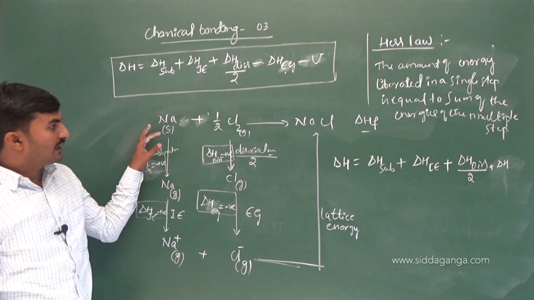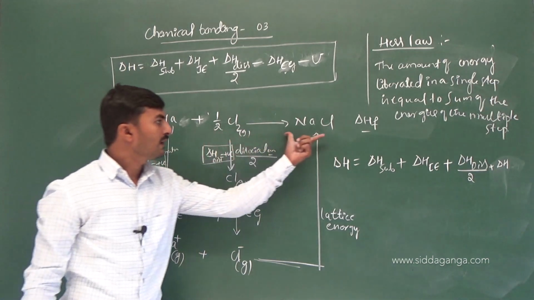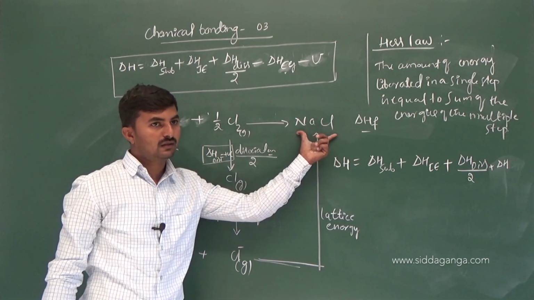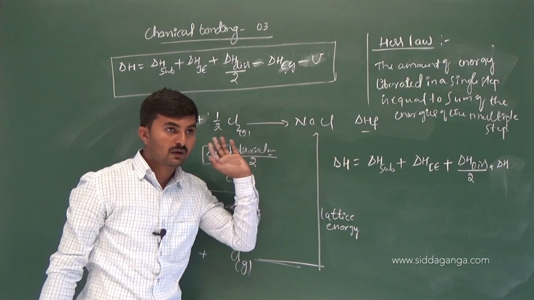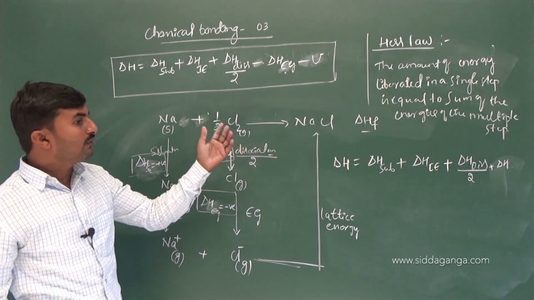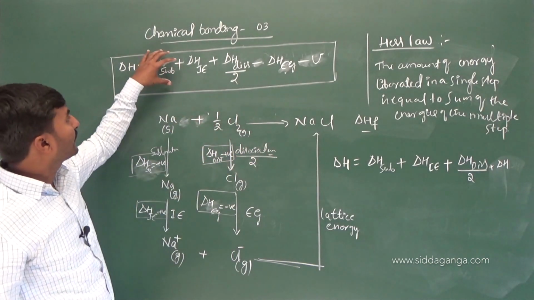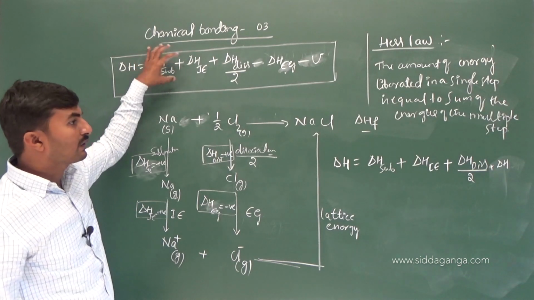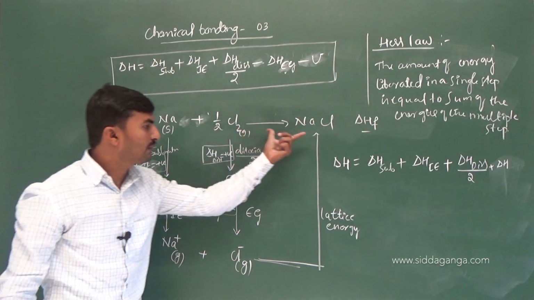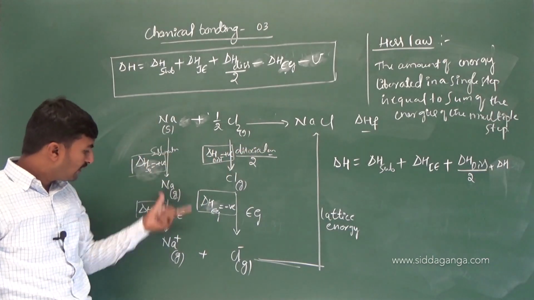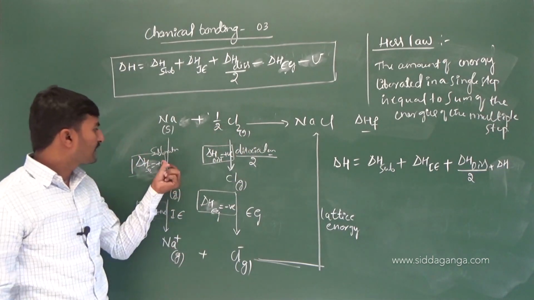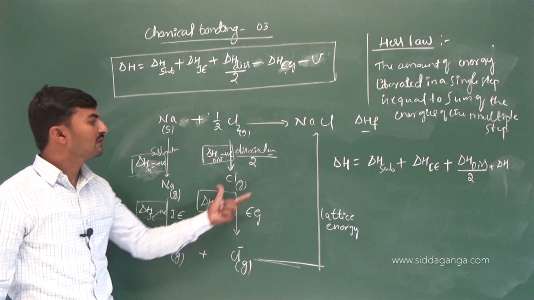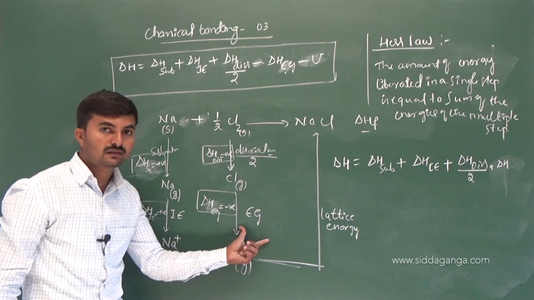Okay, in this example, the preparation of a NaCl compound by using the Born-Haber cycle. How are we going to calculate the lattice energy? By using the concepts of enthalpy of formation, sublimation, ionization, dissociation, and electron gain enthalpy.